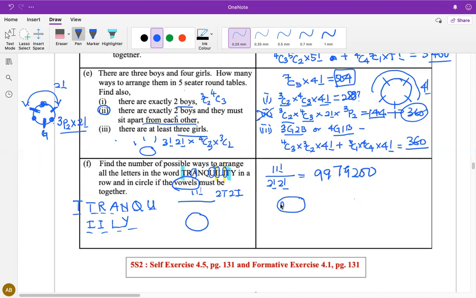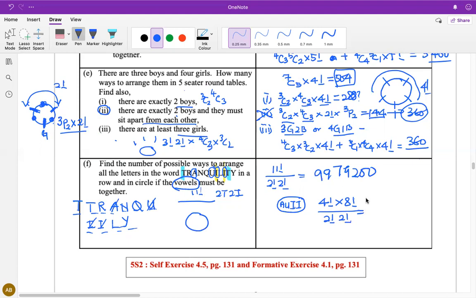Together they count as 1, and the rest are 1, 2, 3, 4, 5, 6, 7. So therefore it is 4 factorial times 8 factorial divided by 2 factorial divided by 2 factorial. So this should be the answer.